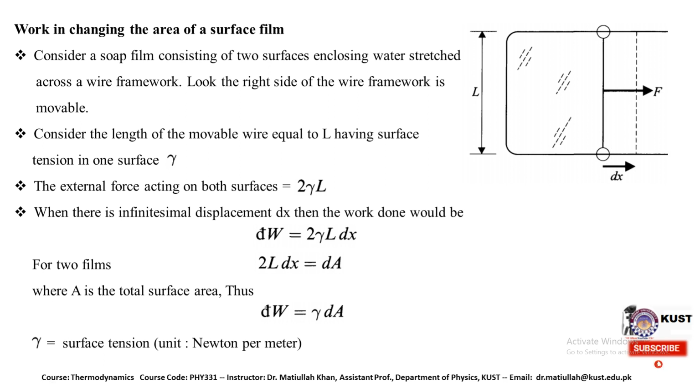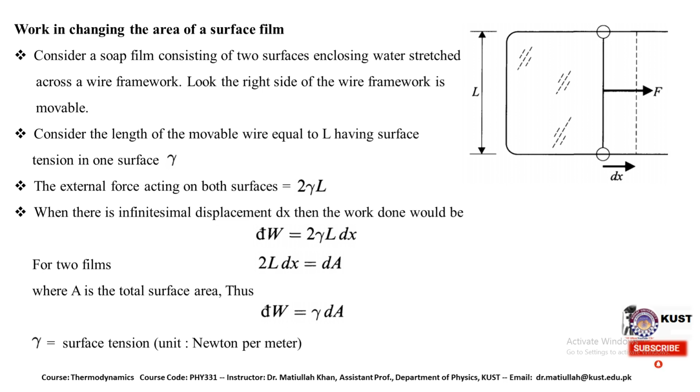Consider the length of the movable wire is L, with surface tension in one surface represented by gamma. So the external force acting on both sides is equal to 2 gamma L. When there is an infinitesimal displacement dx, the work equation can be written very easily: force multiplied by dx.